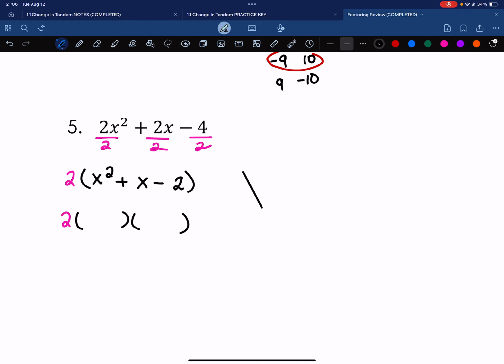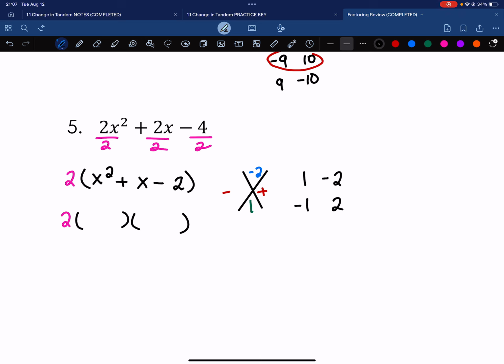So when we go into factoring, our last number, that -2, is going to go on top. Our middle number, which is a +1, is going to go on bottom. We're going to ask ourselves, what can we multiply to get a -2, add to get a +1? Because we're multiplying to get a negative, our signs will be opposite. So the only thing we can multiply to get 2 is 1 and negative 2, and negative 1 and positive 2.